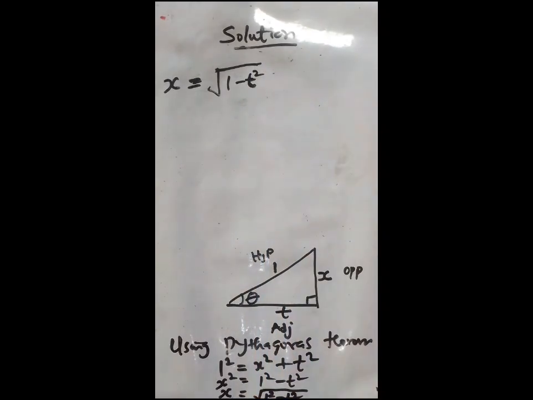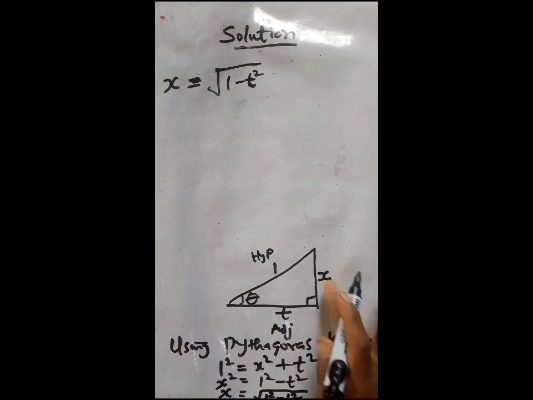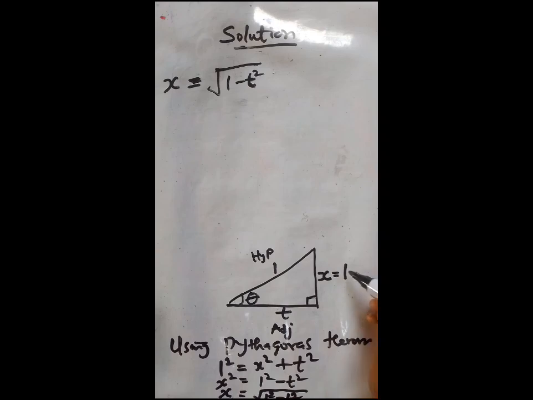Yes, that is our x. That is the value of the opposite side we are looking for here. So x is equal to the square root of 1 minus t square.